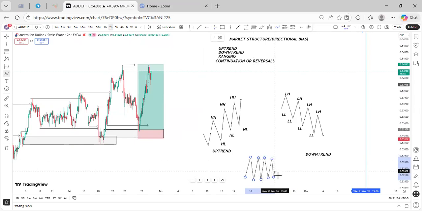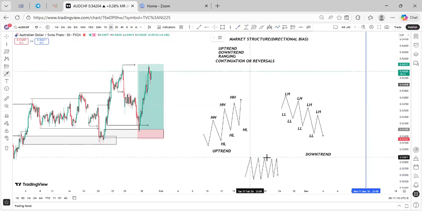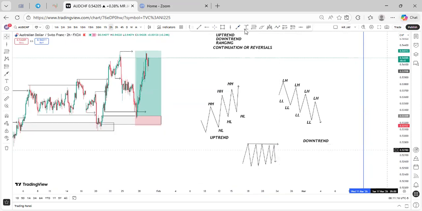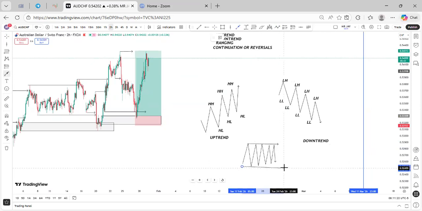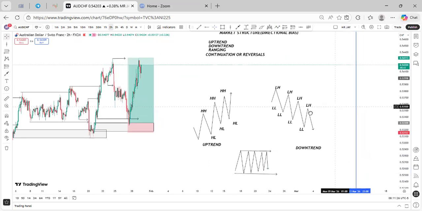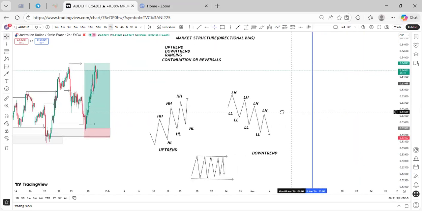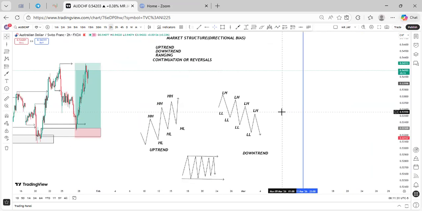So as you can see here, the market is just going up and down, not giving us any clear direction of movement of what the market is intending to do, right? So the best thing to do in such scenarios is just to avoid it, and allow the market to break out of this range and then give us a clear direction on the next step which the market wants to move to.